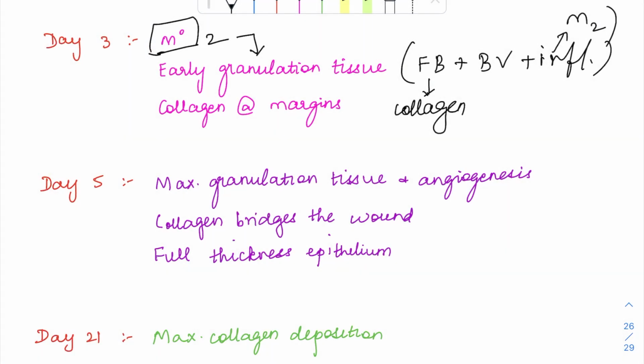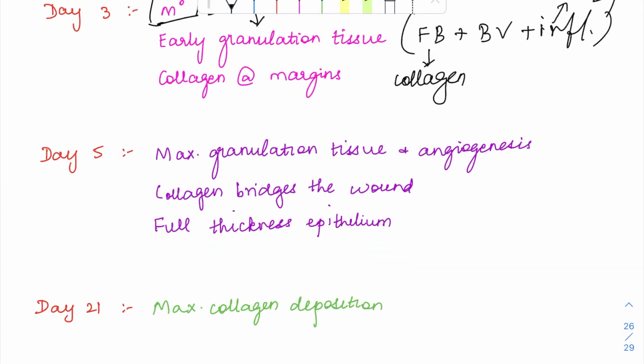Then day 5, what happens? This granulation tissue which was present is going to be proliferating. Lots of granulation tissue is going to be present. So maximum amount of granulation tissue is there. Granulation tissue contains blood vessels, so maximum amount of angiogenesis will also be there on day 5 only. And the collagen which is going to be laid down by this granulation tissue fibroblast is going to bridge the wound now.